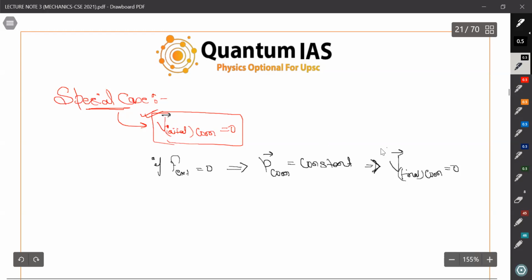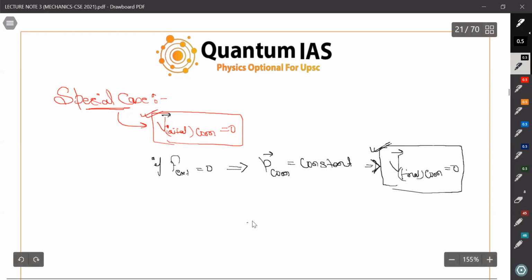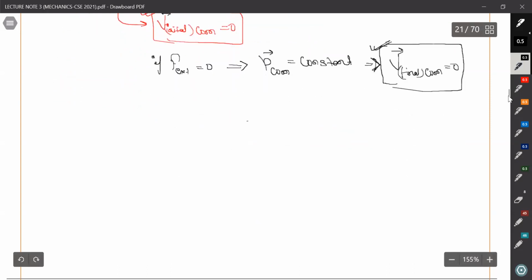If initial velocity is 0, then final velocity is 0, provided net external force acting on it is 0. Okay, and this will create a very good question. Wait, let's see. Bomb explosion.